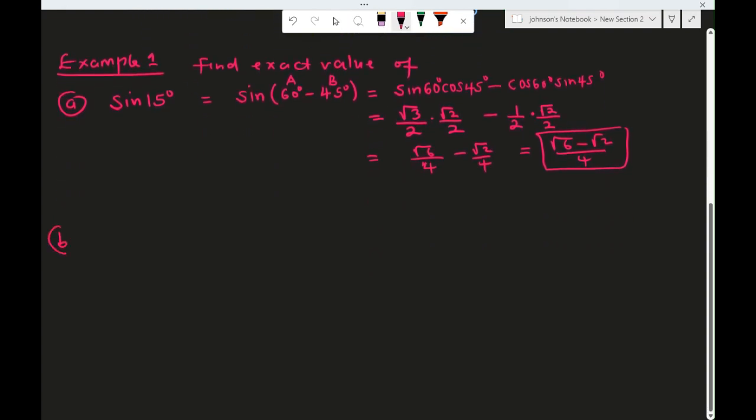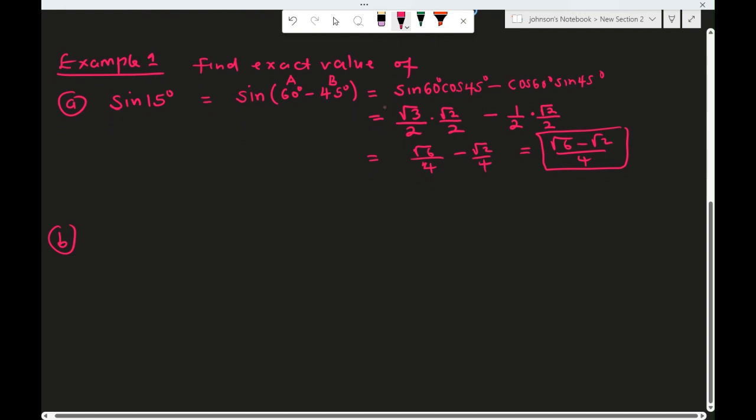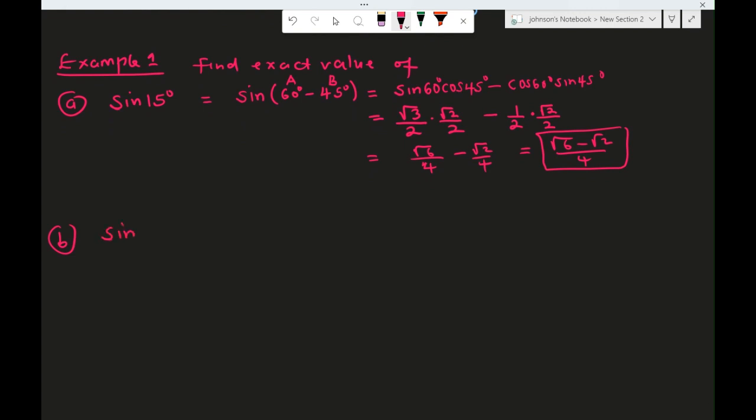Now, let's take another example, say B. Let's look at now sine of 75 degree. We can write 75 as the sum of 60 degree plus 15, yes? But 15 is not a famous angle, so we cannot do this.